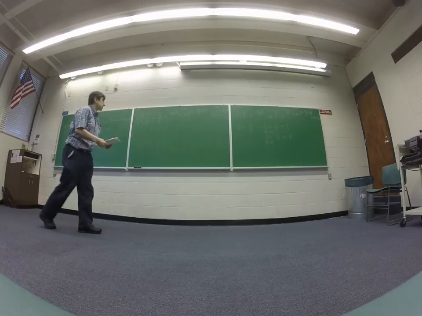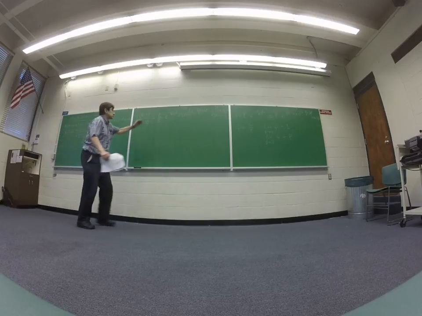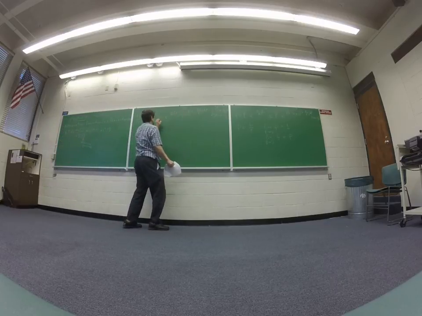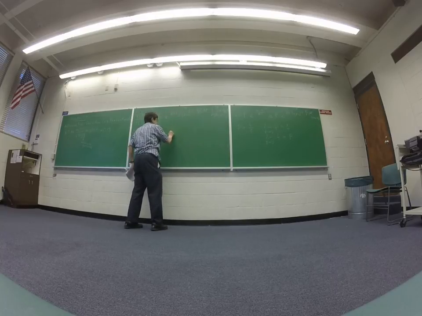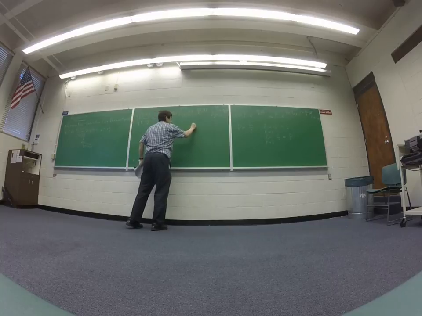Everybody understands? It's P2 times this divided by P1 e to the this, but 1 over e to the a is e to the minus a.